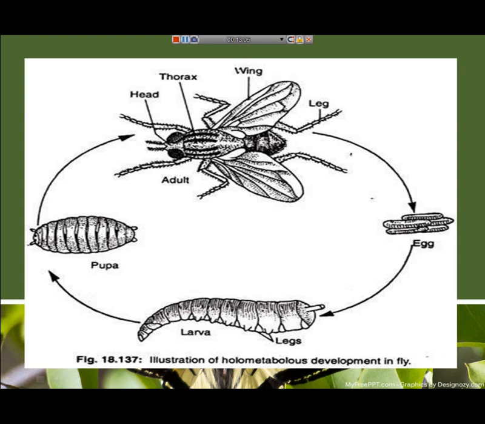An example of the insects that undergo complete metamorphosis are flies. In this figure, the larvae develop from the egg. The larvae of the fly are worm-like creatures that look completely different from their parents.